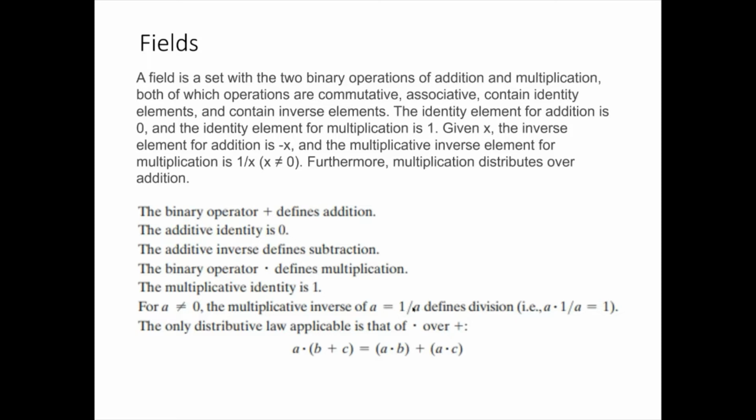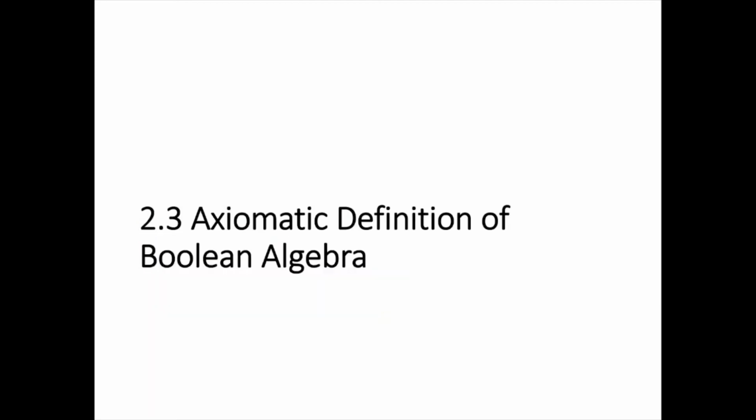Okay. And then the only distributive law that is applicable is that of dot over addition. So this is the only one where it works, for when we have the two operators, addition and multiplication. Okay, so now we start getting into specifics of Boolean algebra.